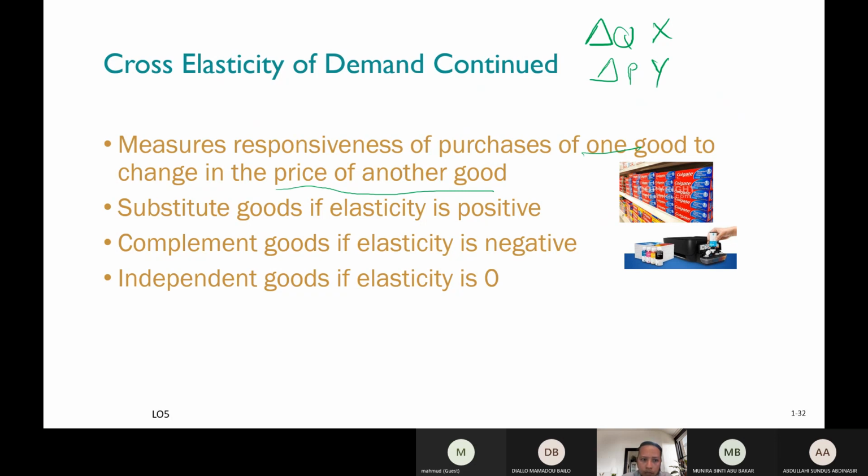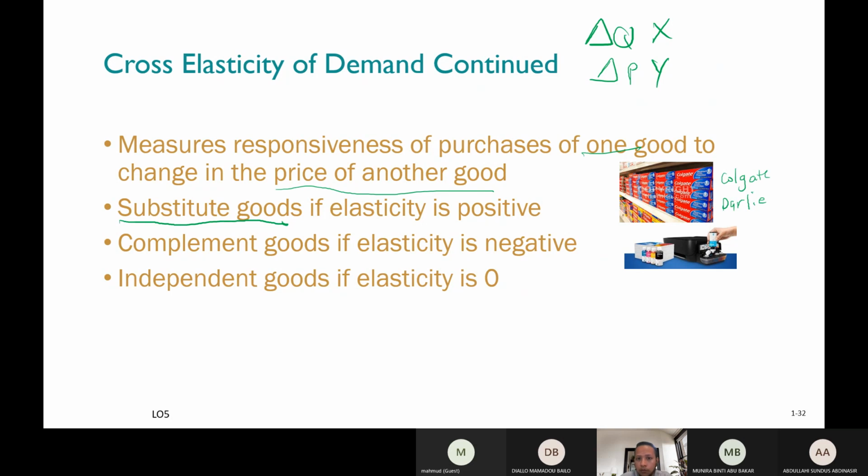Usually for substitute goods, substitutes are goods that are similar. For example, toothpaste. If you go to the supermarket, usually the popular brands are Colgate and Dali.